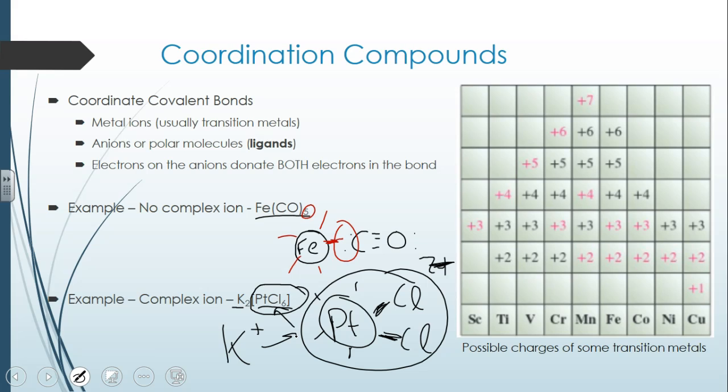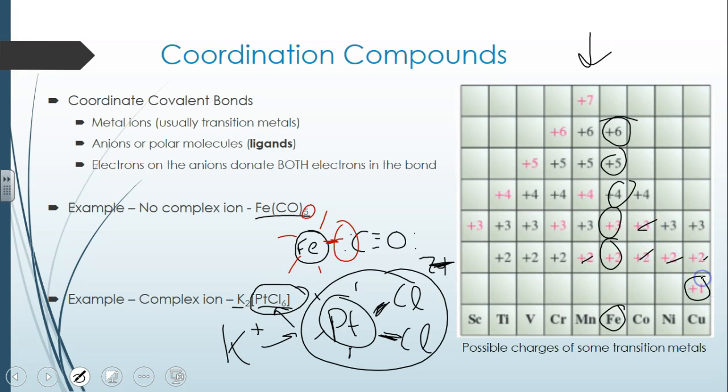Okay, and so some of the things that we should maybe be familiar with is this thing over here, and this shows some of the charges on the transition metals. So in previous classes, you may know that iron is pretty easily a 2 plus or a 3 plus, but you may not know that iron can also be a 6 plus or a 4 plus or a 5 plus. I kind of went in order, but that's what these red ones are. In ionic compounds, you'll see these pretty regularly.